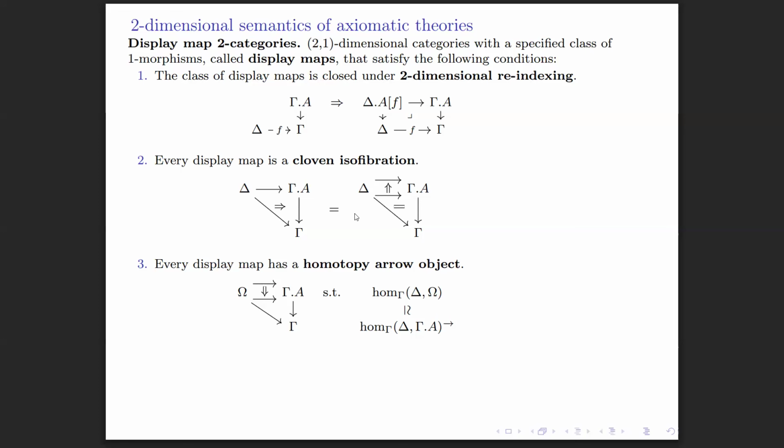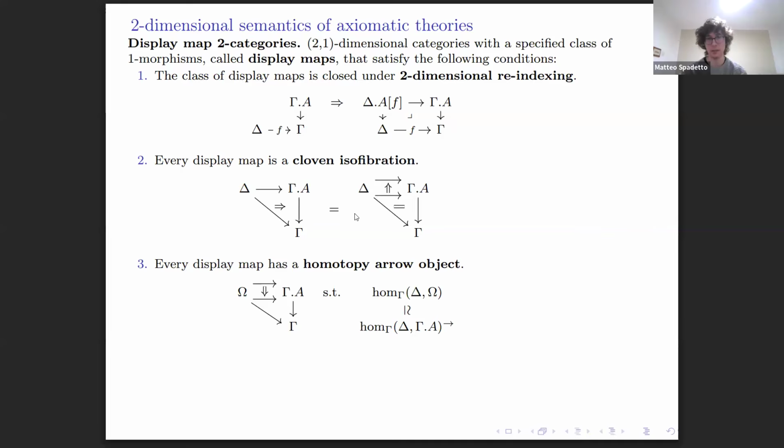Hi, Matteo. It's Josh. Thanks for the nice talk. I was a little bit confused. I think every path category models propositional identity types, which, if I understand correctly, are your axiomatic identity types. Is that correct? Yes.